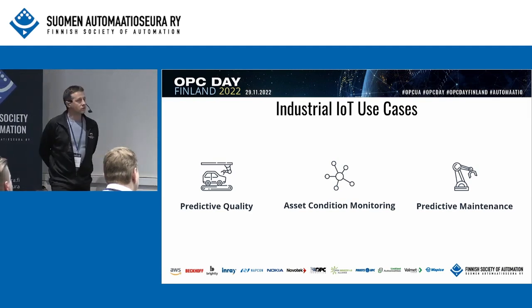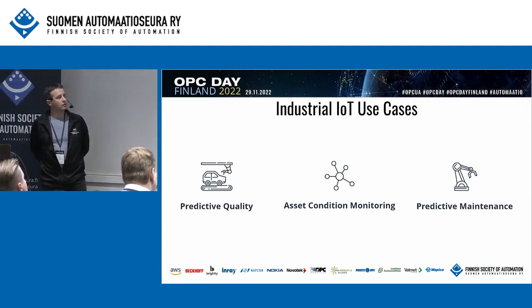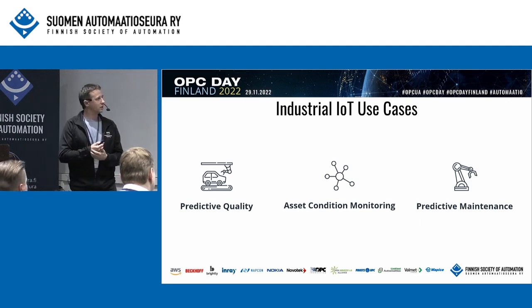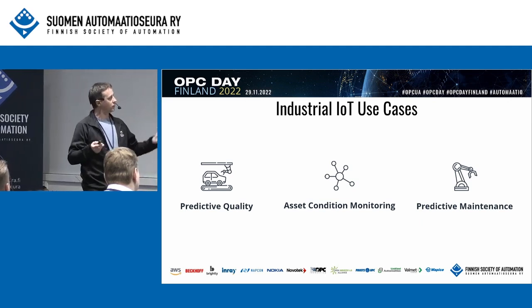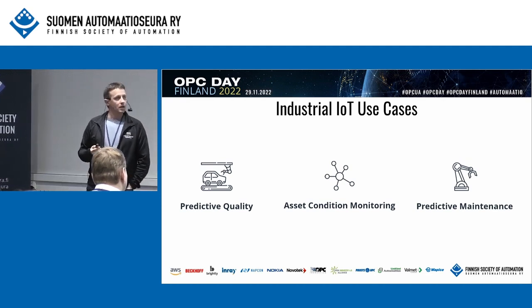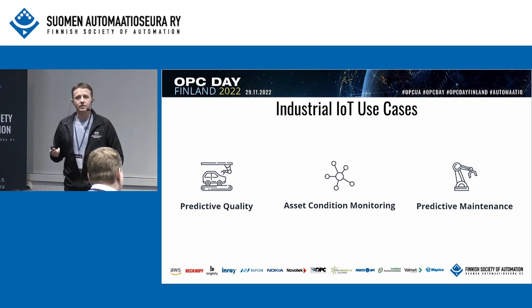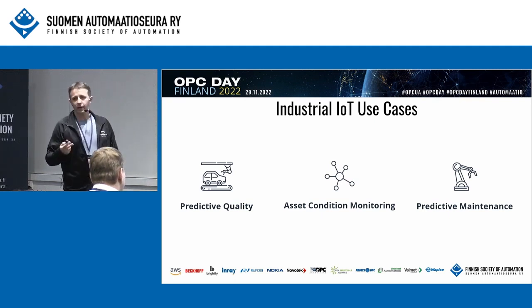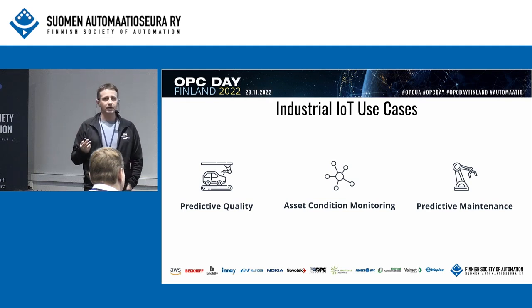Why I took this topic: a lot of customers come to me, and the typical use cases they talk about are predictive quality, asset condition monitoring, predictive maintenance. All of these use cases have something in common. They need a lot of data. And they often need this data in a central place.